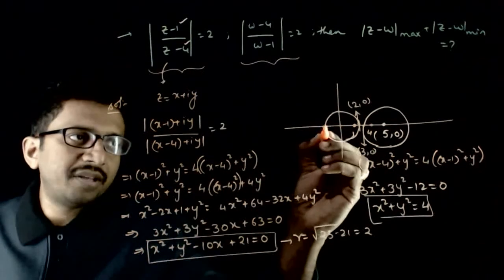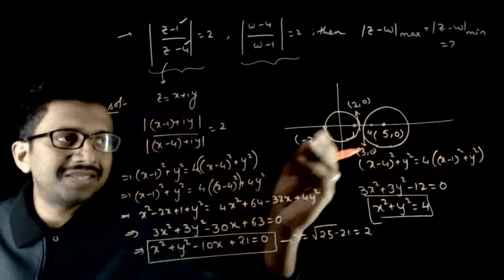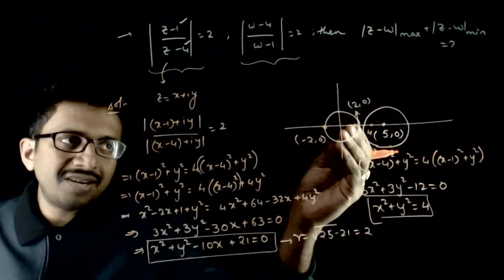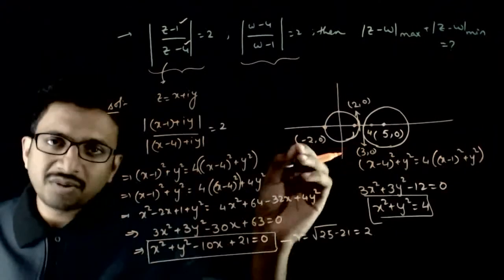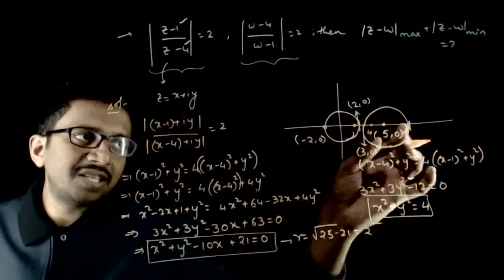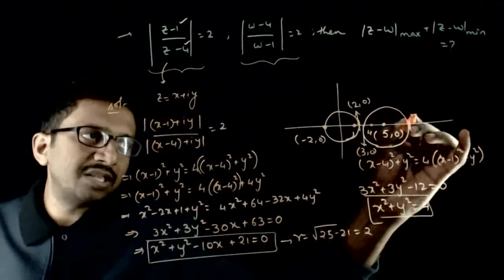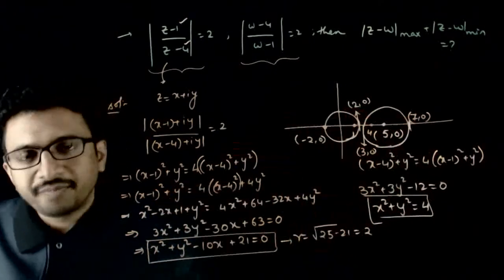This extreme point will be minus 2, 0, because the center is at 0, 0 and the radius is 2. And what is this extreme point? The center is 5 and the radius is 2, so this extreme point is 7, 0.